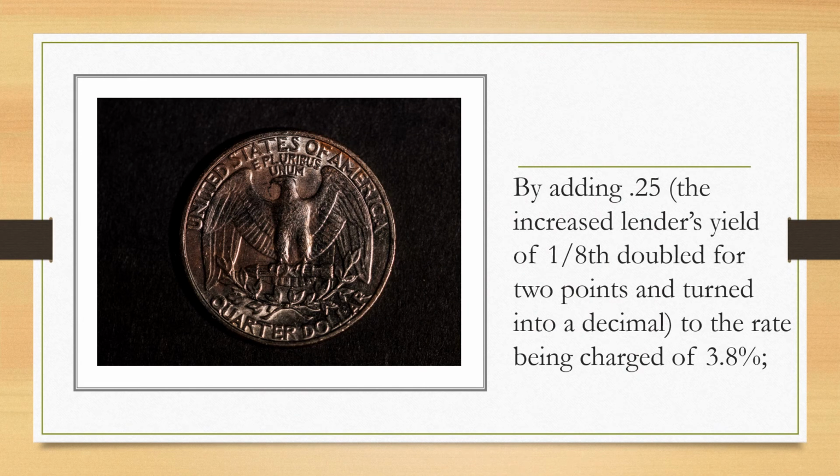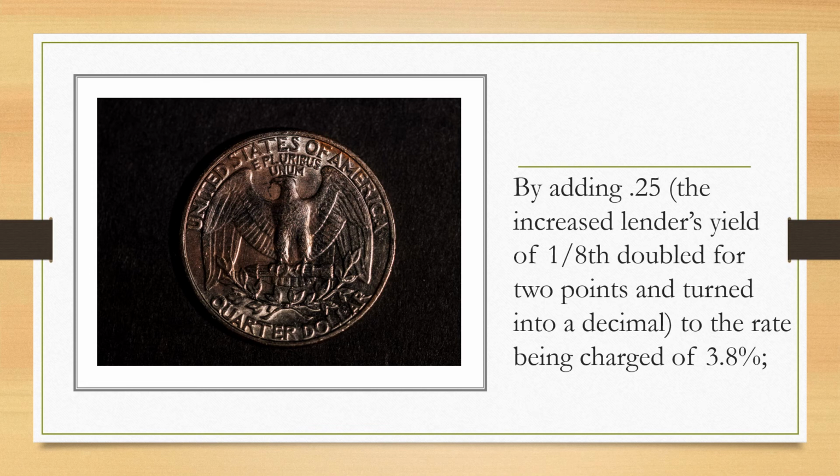Now remember that each discount point is going to increase the lender's yield by 1/8%, and in this case that would be 2/8, and 2/8 turned into a decimal would actually be 0.25. So the lender's yield in this scenario would increase by 0.25.